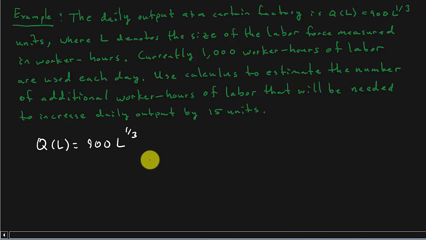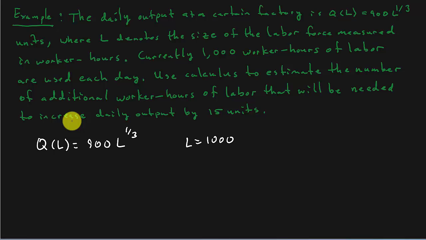We have our function here, and L is equal to 1,000. So we want to change the output by 15 units.